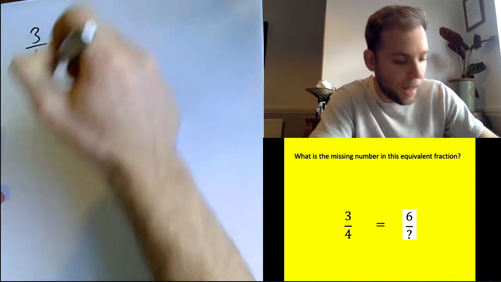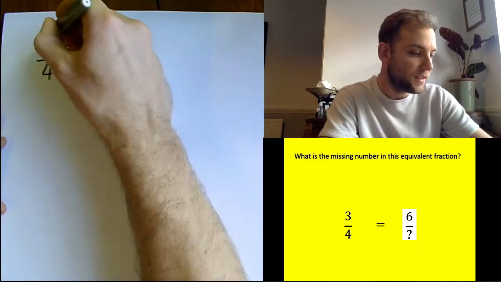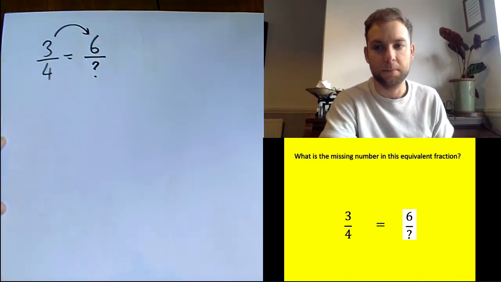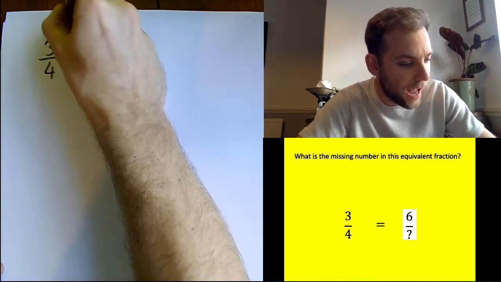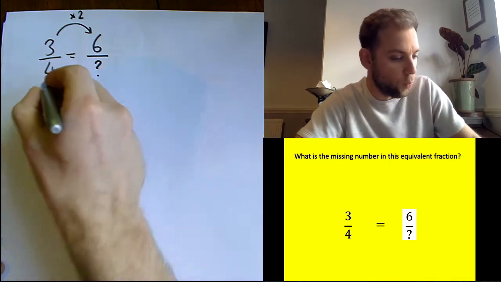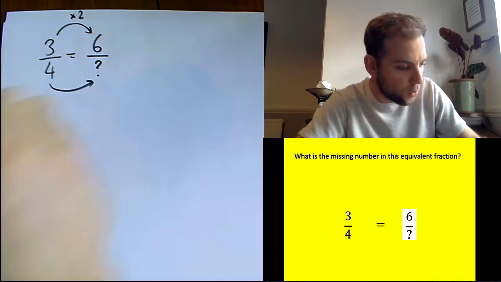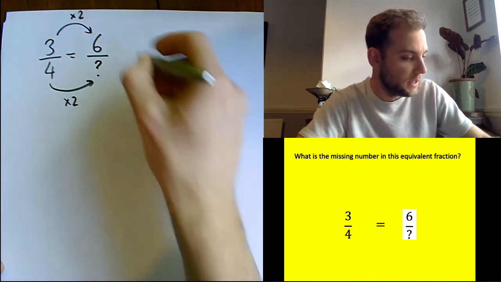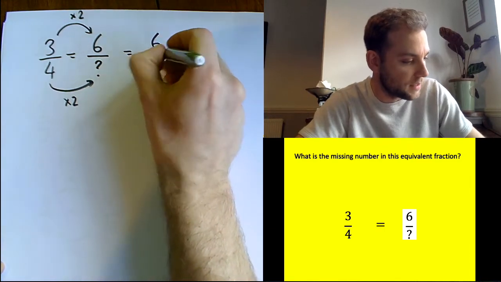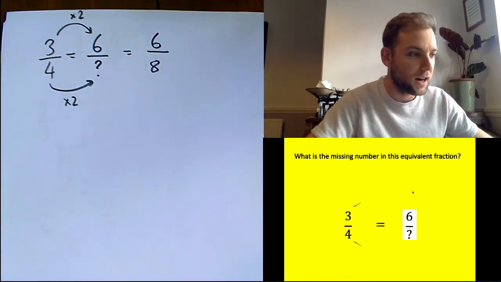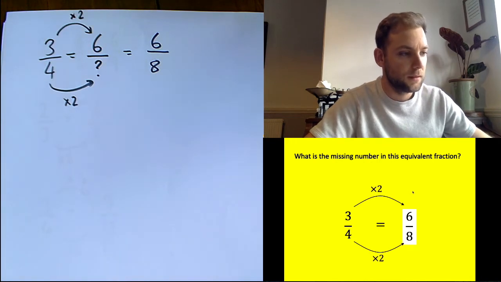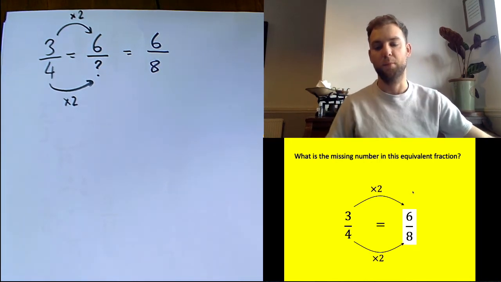So what does the bottom one need to be? Well, what have I timesed this by here? How many times does 3 go into 6? 3 goes into 6 twice. So I've actually timesed that by 2. So what must I need to times this one by? Well, I must need to times that one by 2 as well. So this must be equal to 6/8. Let's just check that answer. Let's see if we've got that right. Here we go, 6/8, absolutely perfect, brilliant.